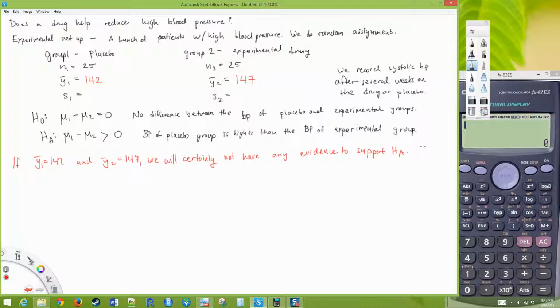If anything, it appears that our experimental drug increases blood pressure, which is exactly what we don't want.